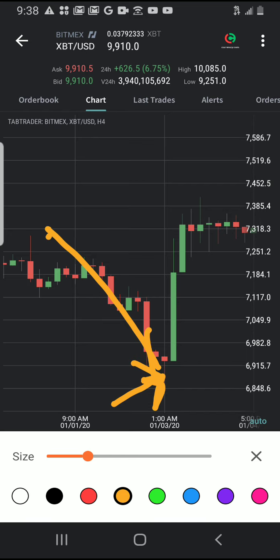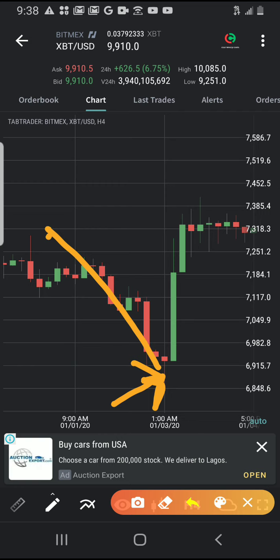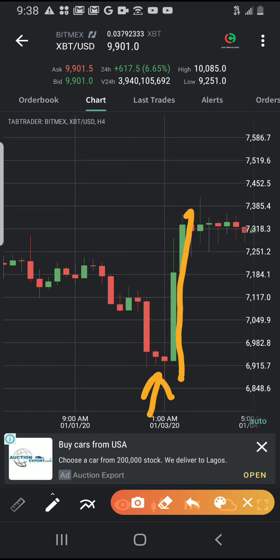A hammer formed in a downtrend, and immediately after it formed, it suggested a reversal up. So this is not gambling, this is understanding how the market works.